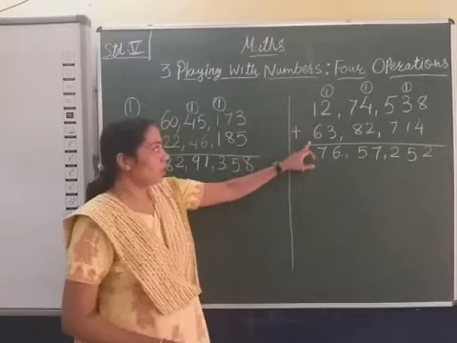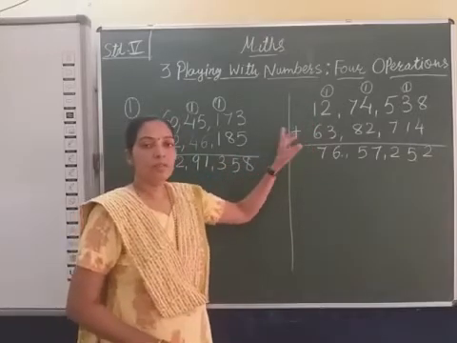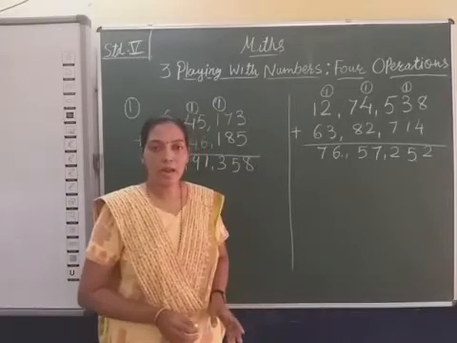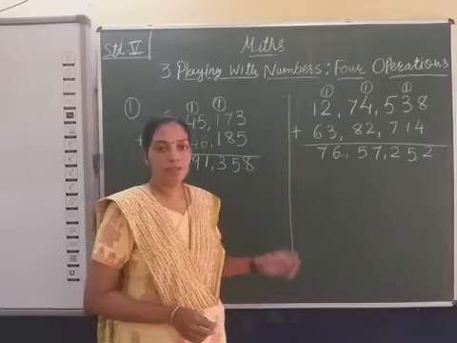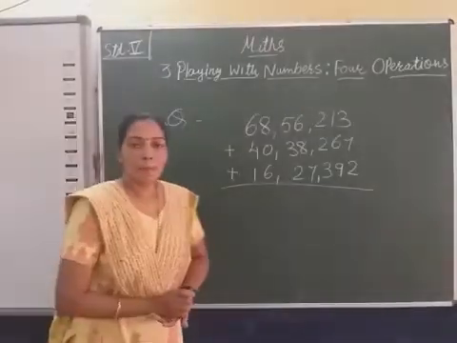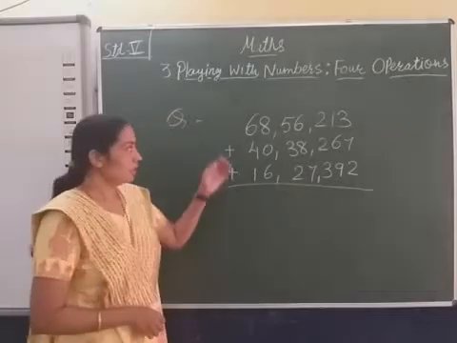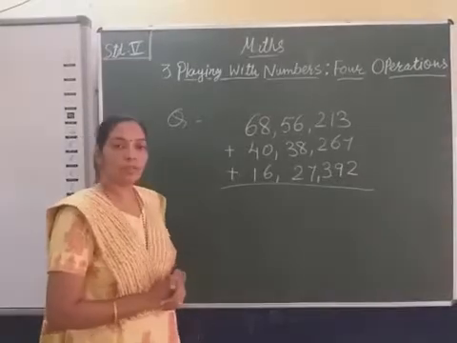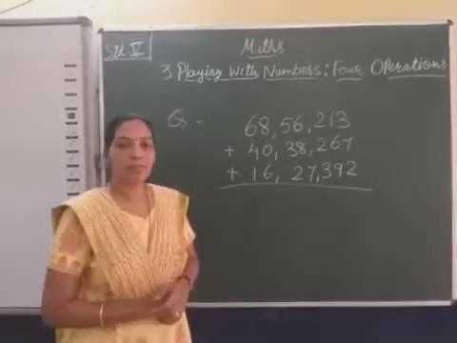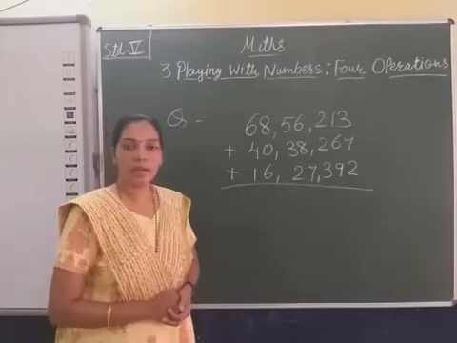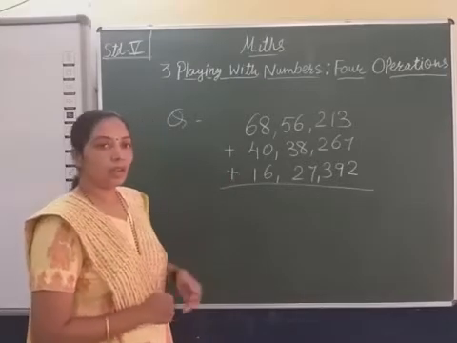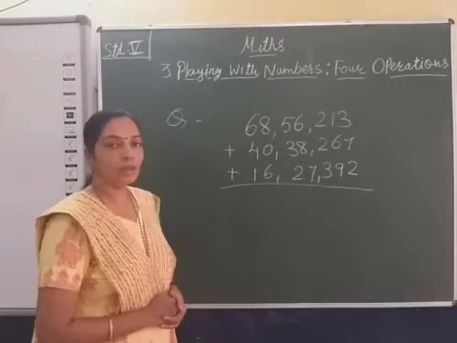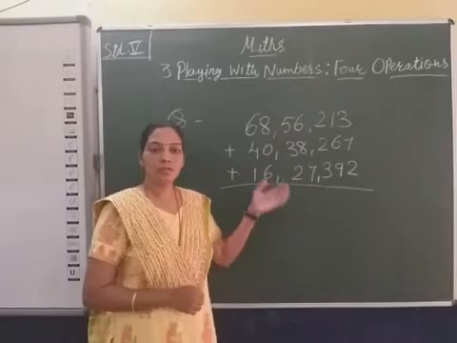Now we see, here there are two numbers we add. If we have to add three large numbers, a group of three numbers, how do we do it? Let me see. Yes students, this is a group of three numbers: 68,56,213 added with 40,38,367 and added with 16,27,392, and find the sum of these numbers.